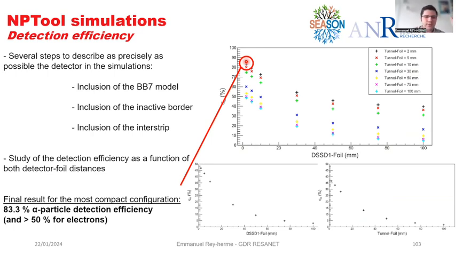For comparison, during the I262 experiment, we had roughly 25 to 30% detection efficiency for the alpha particle. And we reach a better than 50% detection efficiency for the electrons in all cases, even taking into account summing effects that can occur due to series of transitions emitting several conversion electrons at the same time.